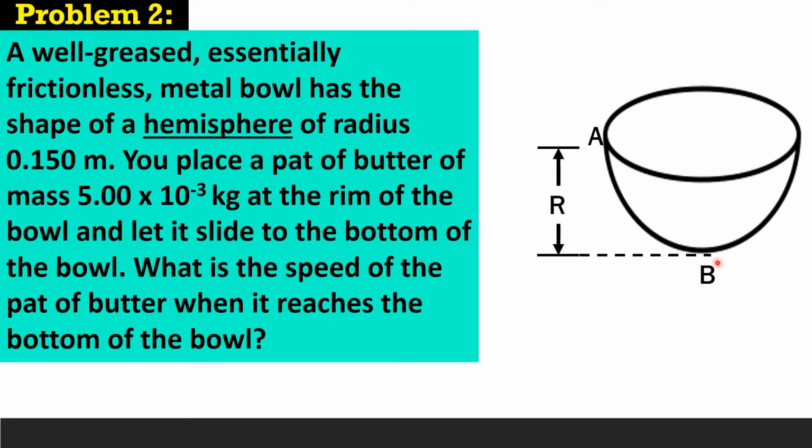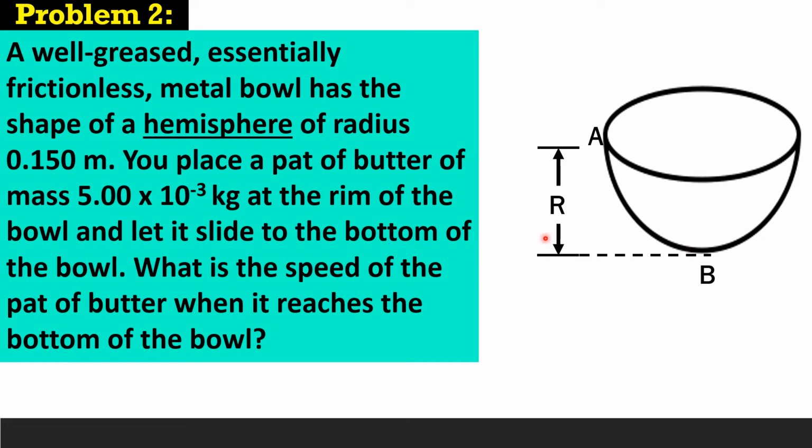The pat of butter, when released from point A, will of course be moving along the side of the bowl. But the distance traveled along that path is not what you're going to consider in determining the speed of the pat of butter when it reaches the bottom of the bowl.